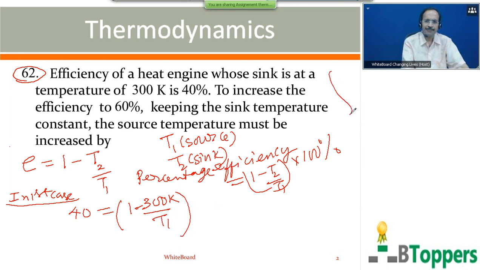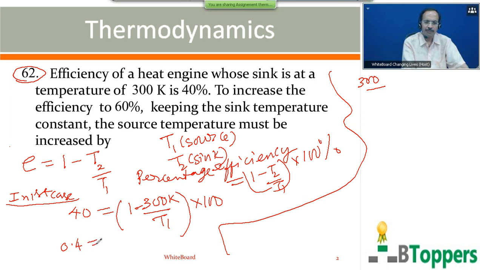So which you can find. So from this you can find, of course, into 100 you must write on the right side. So from this you can find the temperature T1 of the source in the first case.